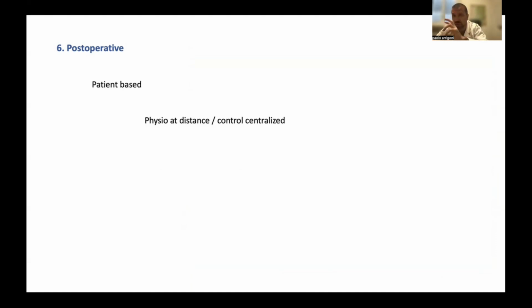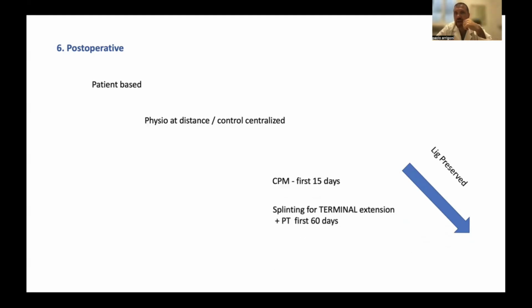We associate some physio with splinting, with some video lessons or training, or following up patients at a distance. This can be done. If ligaments are preserved, we can go for CPM from the very beginning, or in any case physio from the very beginning, and splinting for terminal extension for 60 days post-op.